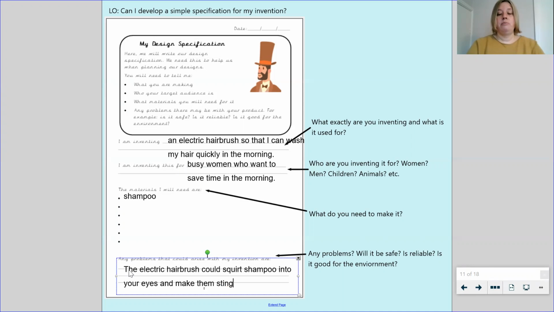I also need to remember my full stop at the end of my sentence. You might be able to answer some of the other questions there in your answer.